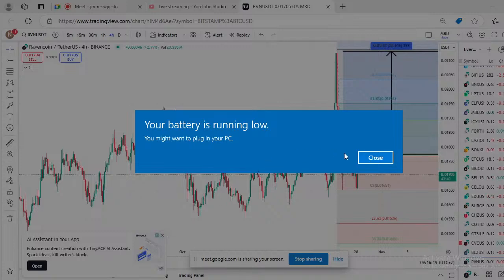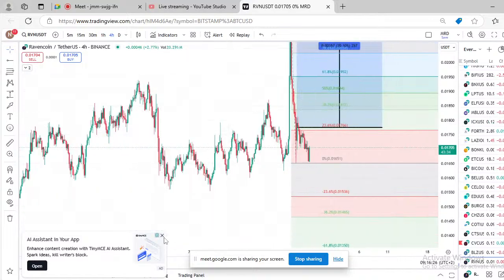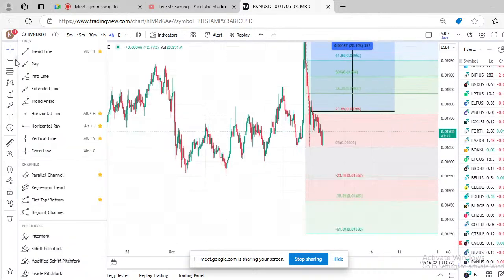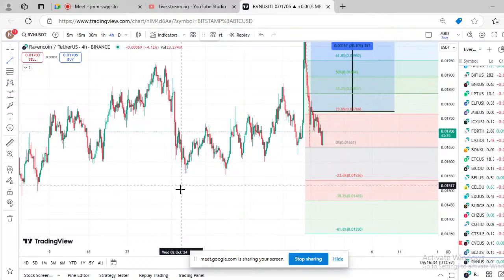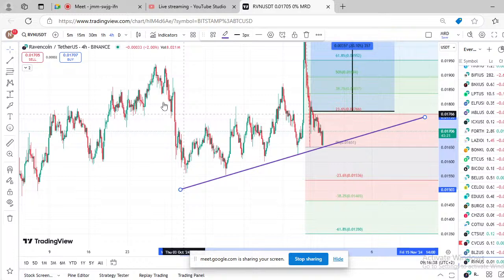My battery is getting off, but let us summarize. I had shared this coin to take 20%, I think, and it is still there. We can see it is still on the trend line. So consider this. It is still there, Moses. Don't worry.